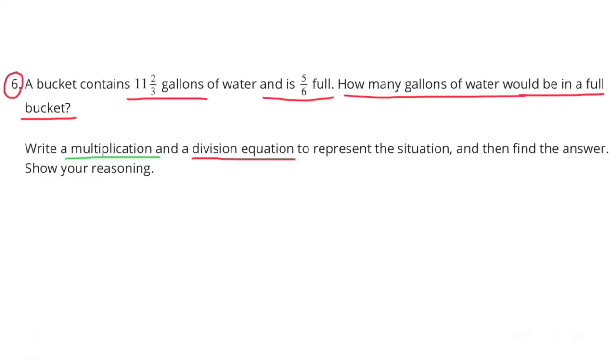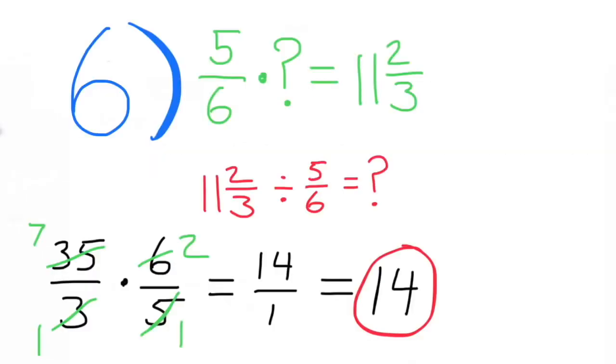Show your reasoning. 5/6 times what number equals 11 2/3? 11 2/3 divided by 5/6 equals what number? And we can find the answer by multiplying by the reciprocal of 5/6 and by representing 11 2/3 as 35 thirds. 35 thirds times 6 fifths equals 14.